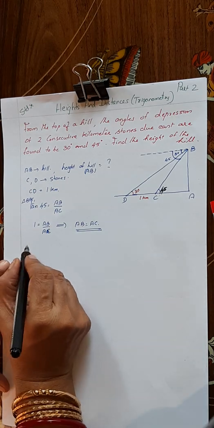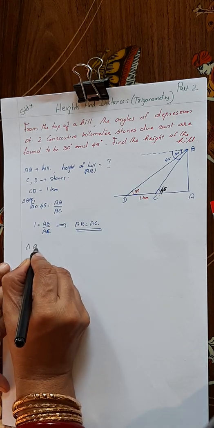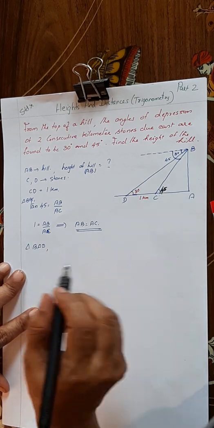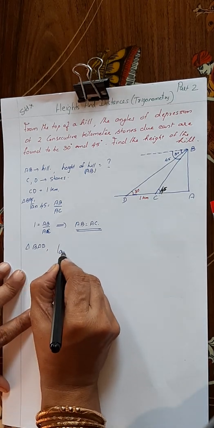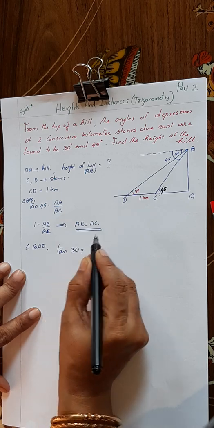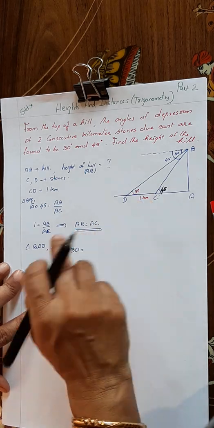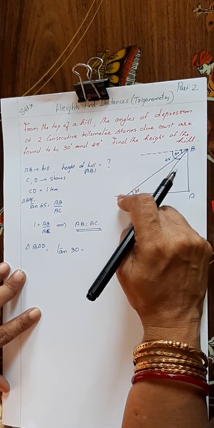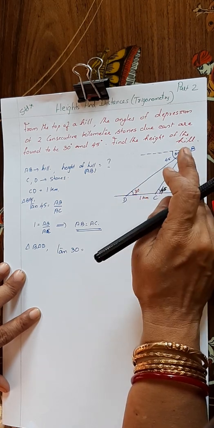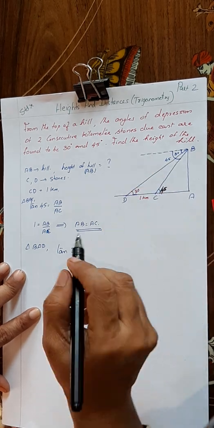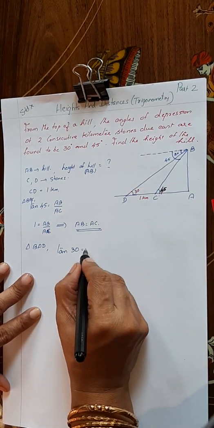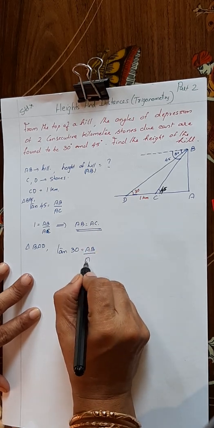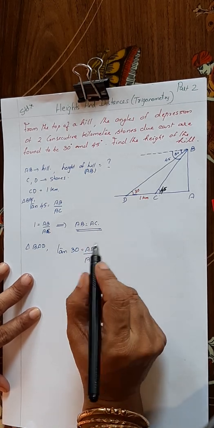Now in triangle BAD, we will take tan 30, because here we are taking tan as we don't want the hypotenuse, the length of this is of no use. We have to find the height of the hill. So tan 30 is equal to AB by AD.